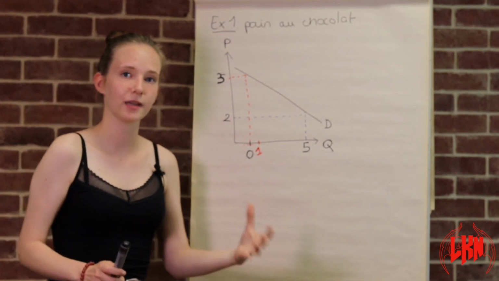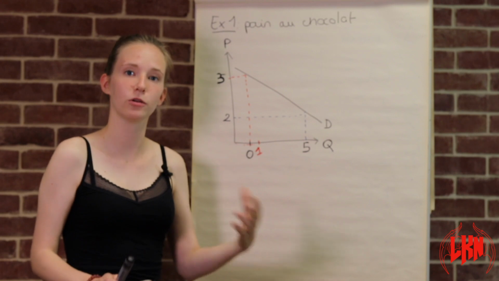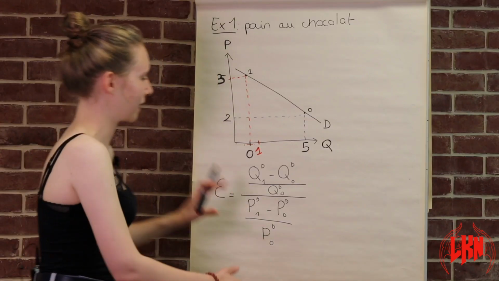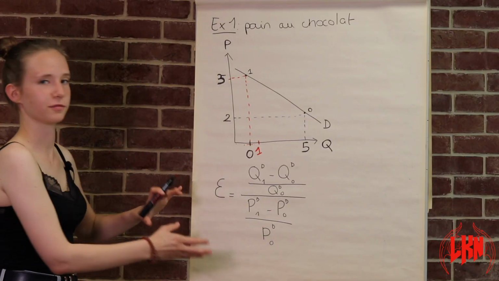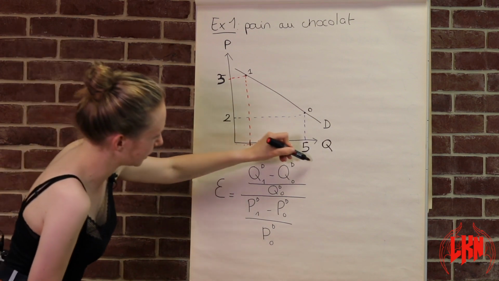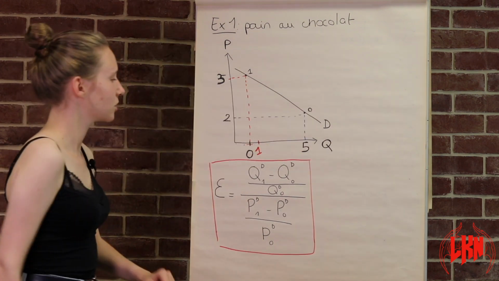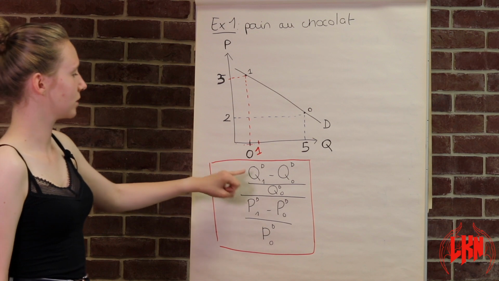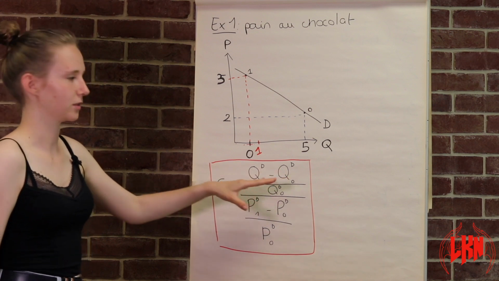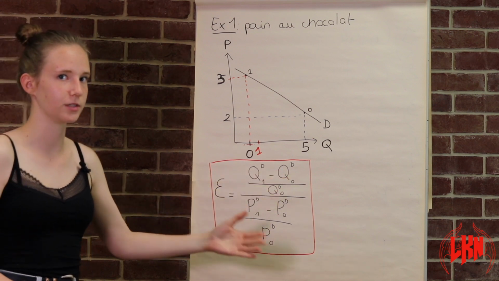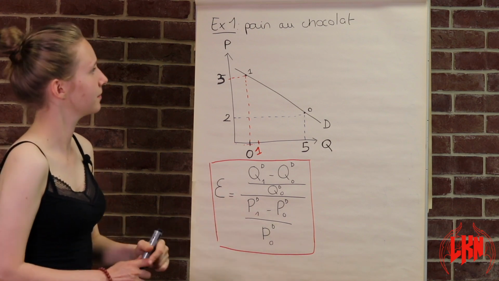Now I'm going to explain how to calculate the value of epsilon. Here we have the formula of epsilon. This is something that you really need to remember. We have the quantity demanded 1 minus quantity demanded 0, over quantity demanded 0. So what does this mean?